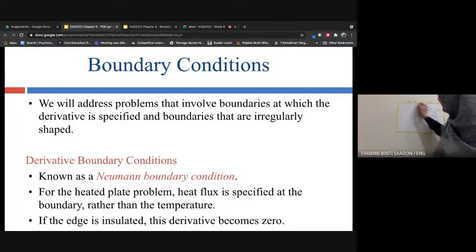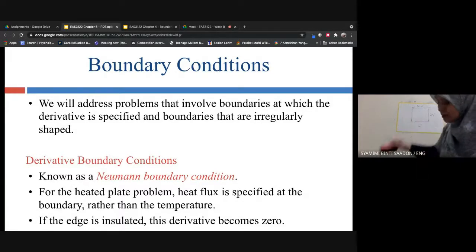I draw. Sometimes the boundary conditions, the ones we saw just now, 100 degrees, 75 degrees, 0 degrees, something like that, right? Sometimes the boundary condition is given in terms of a partial differential equation.